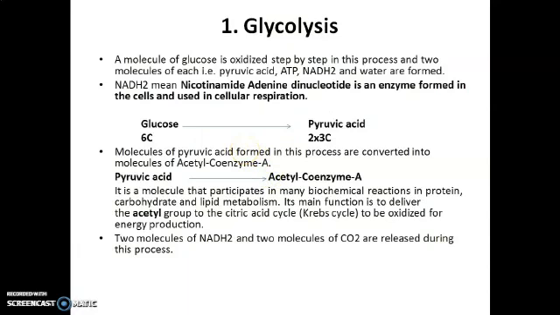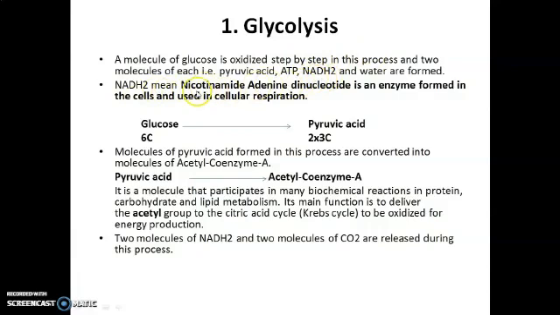In a detailed study of glycolysis, a molecule of glucose is oxidized step by step, and two molecules each of pyruvic acid, ATP, NADH2 and water are formed. Now, a new word: NADH2.